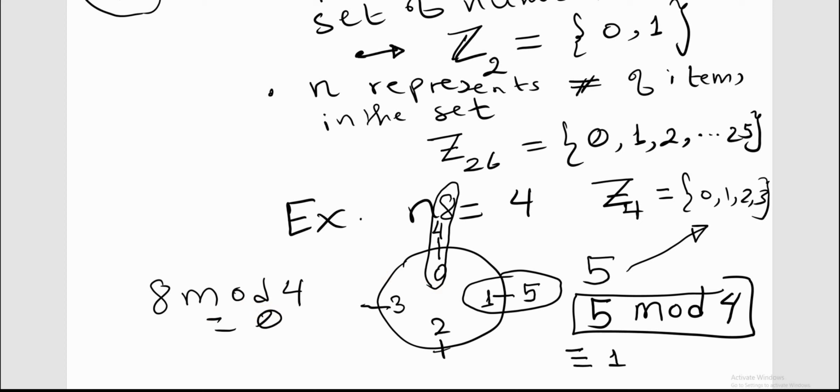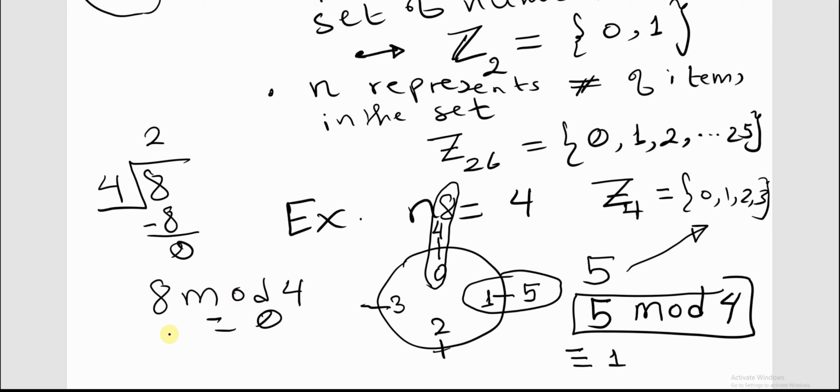Now the way that we can also understand the mod is basically the remainder. Another way to say it: 8 divided by 4 is 2, and the remainder is 0.